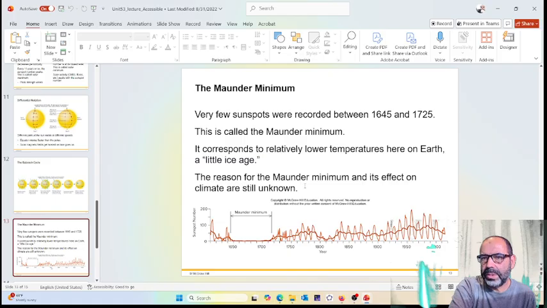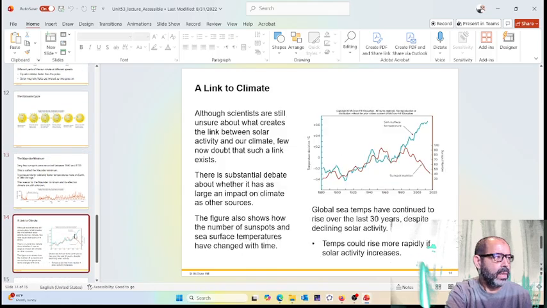The temperature went down from the 1650s for almost a century, with the entire sun kept quiet, without a lot of CMEs forming and things like that. That caused a mini or little ice age. The reason for this, called the Maunder minimum, is unknown. This is something that scientists are trying to understand.